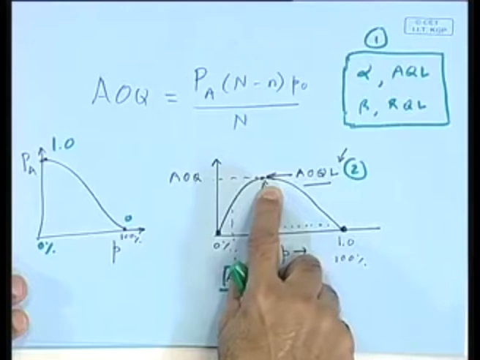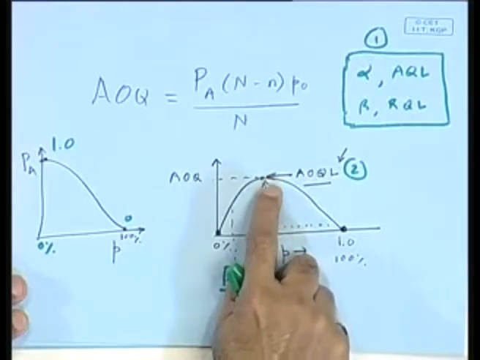This again is on the average, not for a specific application of the sampling plan. But if you apply the same sampling plan, same n and c, again and again to various different lots that are arriving, you'll end up with an average worst level.